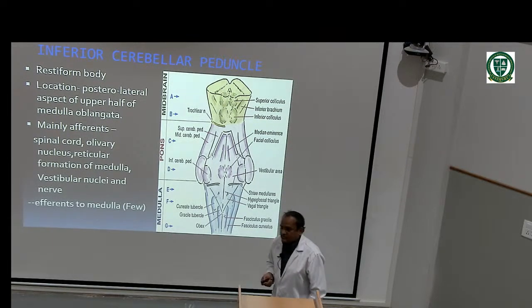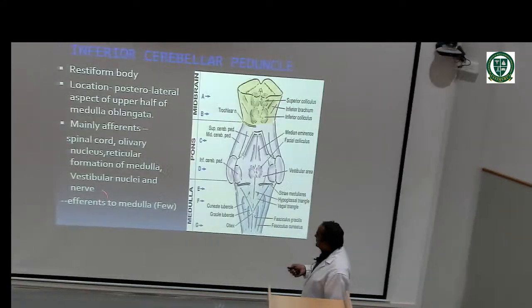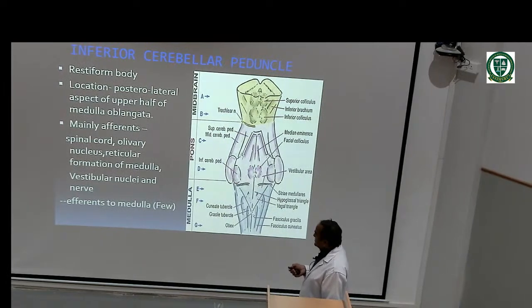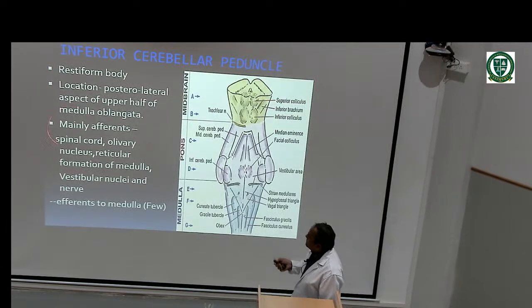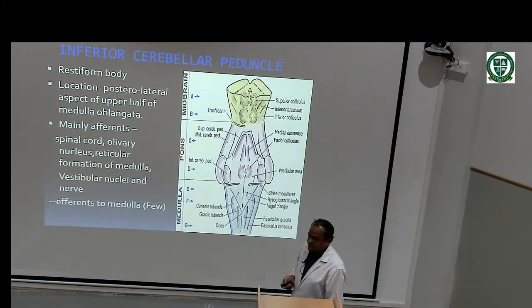It also consists of a few efferent fibers of the cerebellum that are going to the medulla. Mainly it is made up of afferent fibers from all these parts of the central nervous system.